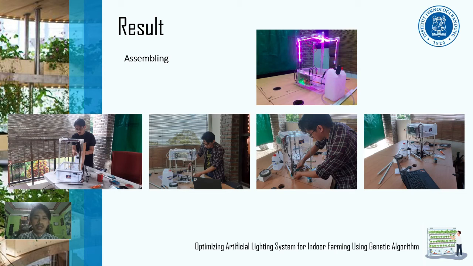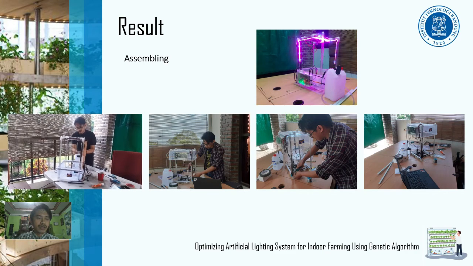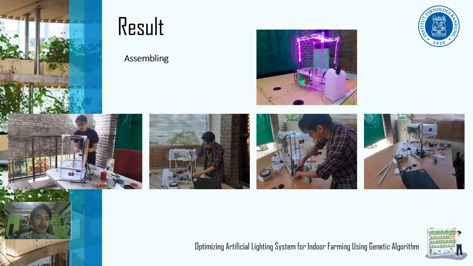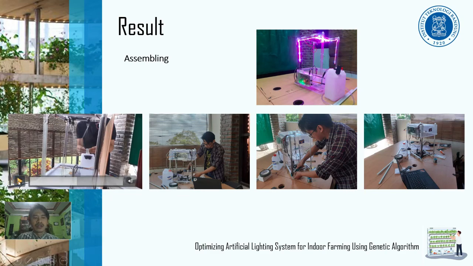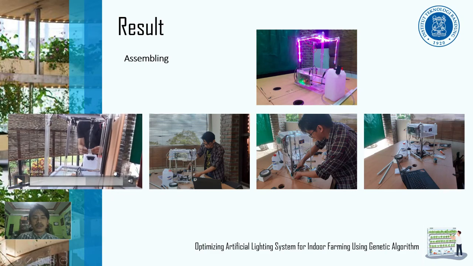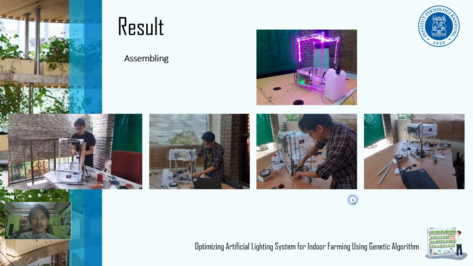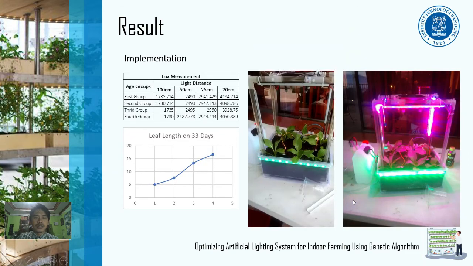This is the assembling and testing of the actuator, and this is the video testing of the actuator for the watering system. And this is the implementation of the plantation after the last day, day 33.